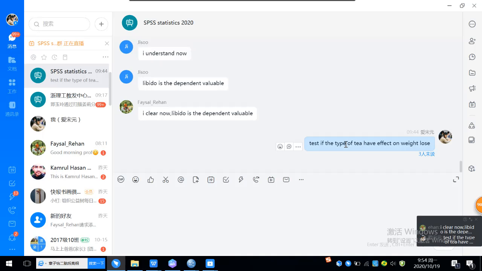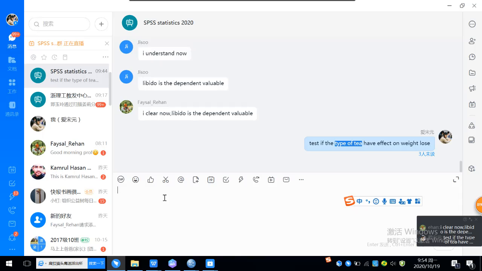So if we have 3 types of tea, then the factor is the type of tea, and the number of factor levels is 3.